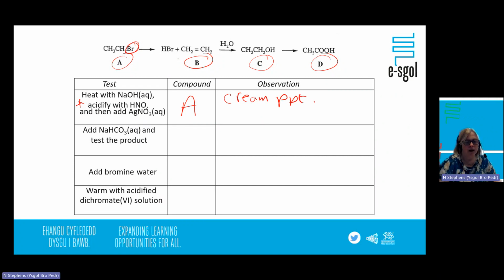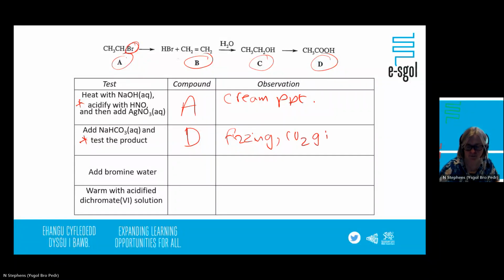Okay. This here, sodium hydrogen carbonate, is a test for an acid, so that would identify D, and you'd expect effervescence or fizzing of CO2. I'm going to put fizzing down because, to be honest with you, spelling of effervescence always gets the better of me. So fizzing and CO2 given off.